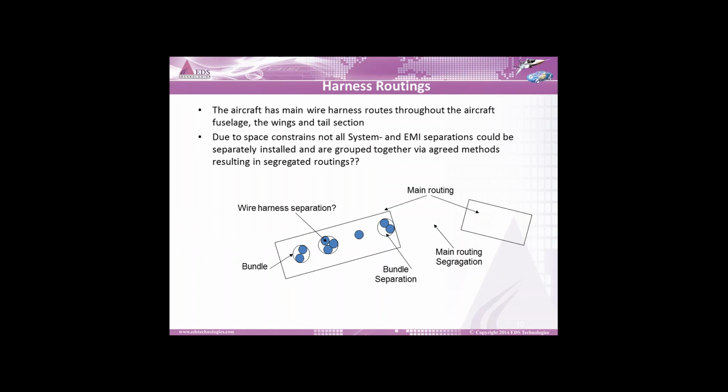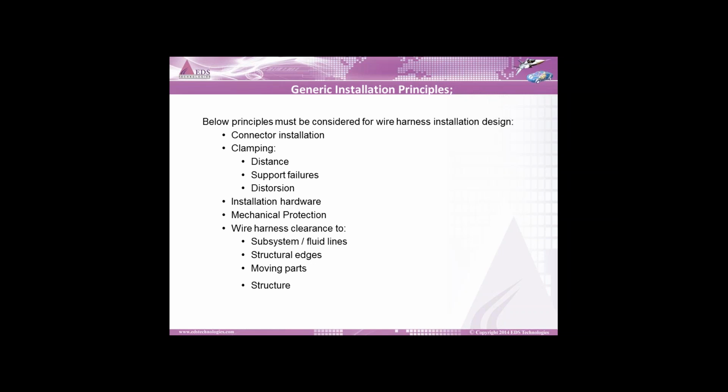When you go for any harness routing, the first and foremost requirement is a general installation principle: connector installations, clamping and its distance, support failures, distortions, installation hardware, and mechanical protections like tape or breaker tube. You also need to check the clearance between subsystems, such as the fluid lines, structural edges, or moving parts of the structures.